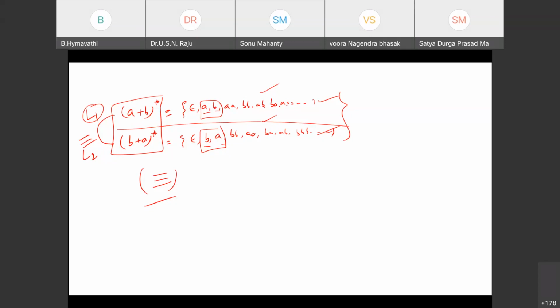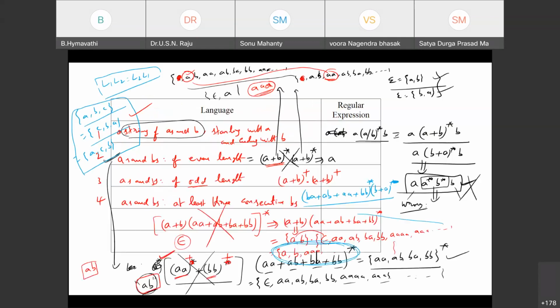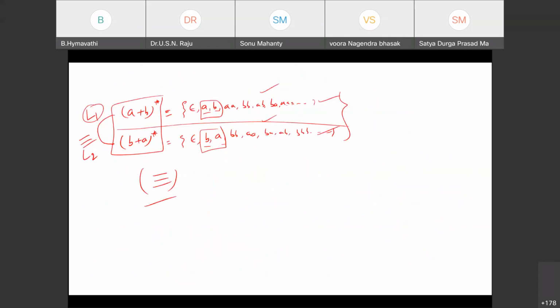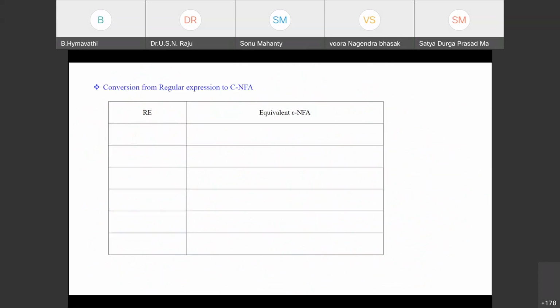Have you understood regular expressions now? If you have any doubt, please ask me. Otherwise, we'll go to the next topic. I may give a 10 minute break, and after that we'll continue, because there is a new topic, conversion of regular expression to FA.